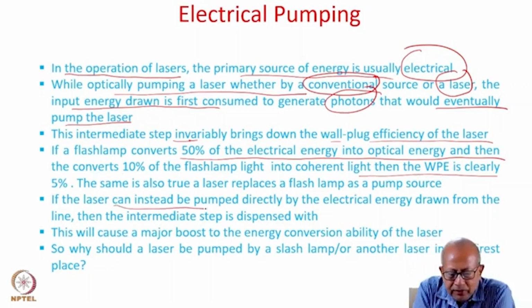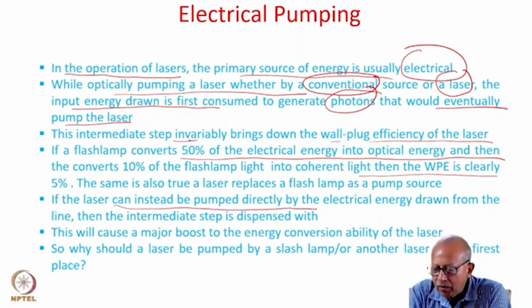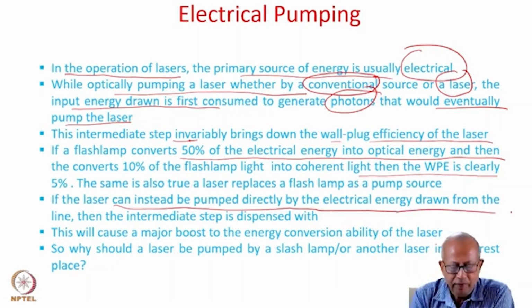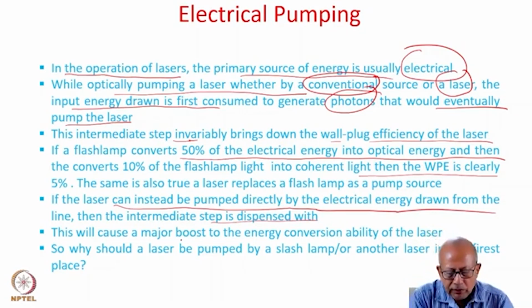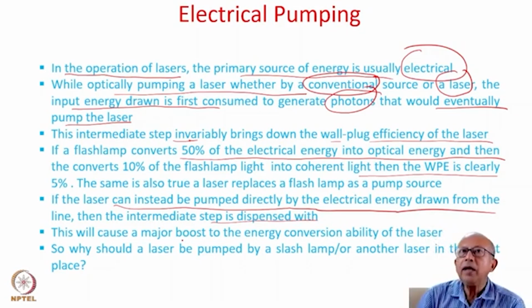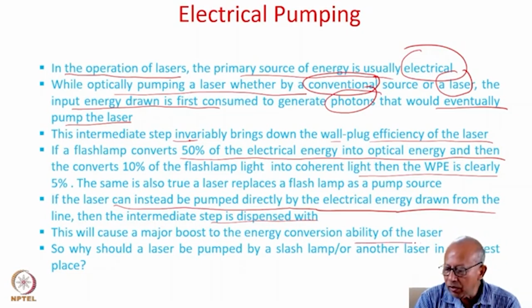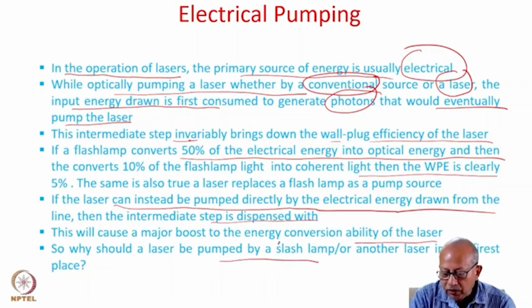If the laser can instead be pumped directly by electrical energy drawn from the line, then the intermediate step is dispensed with. This will cause a major boost to the energy conversion ability of the laser. So why should a laser be pumped by a flash lamp or another laser in the first place?